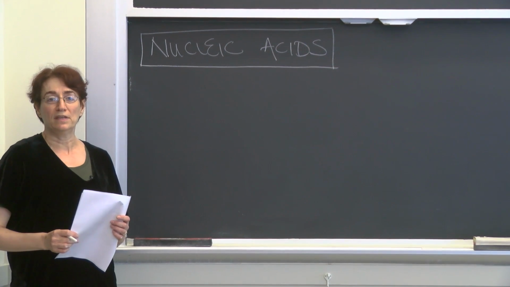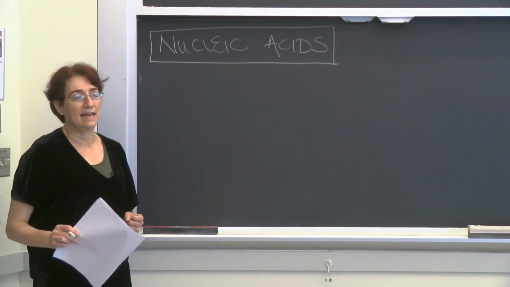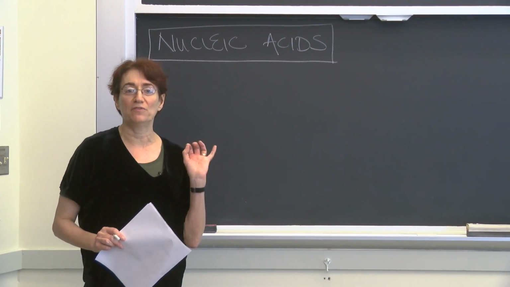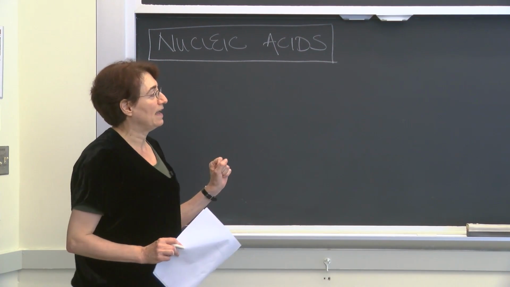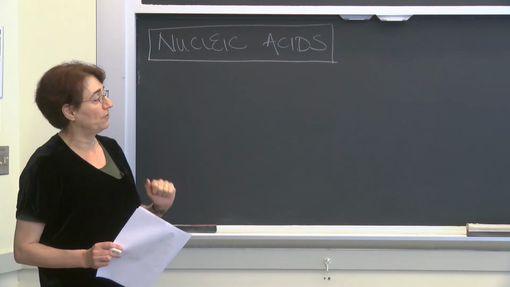So let's talk a little about what these important nucleic acids are. They are the things that make the genes. If you think about a gene, which you've undoubtedly heard of, it is made of the macromolecular class of nucleic acids. Nucleic acids are also required for energy.